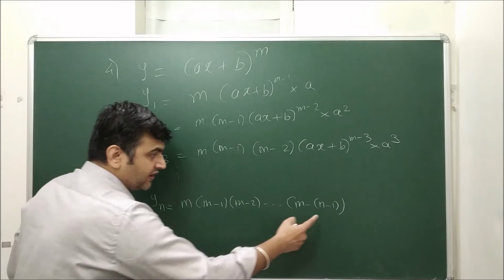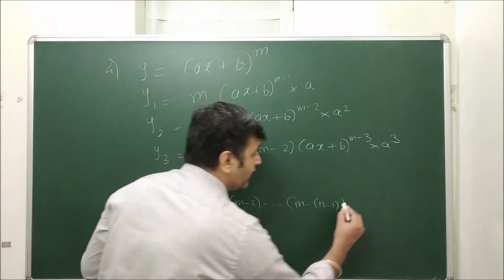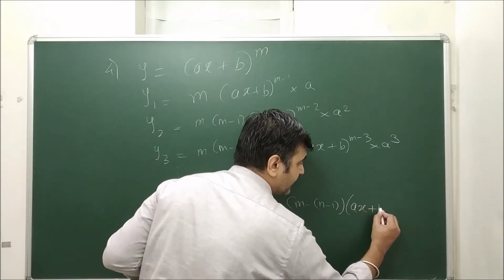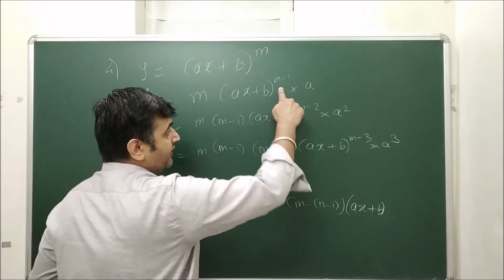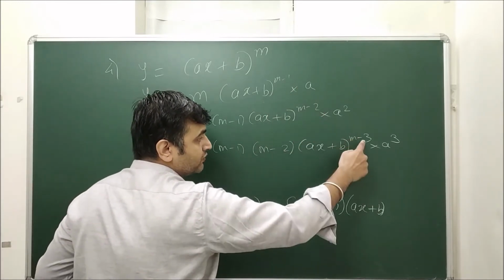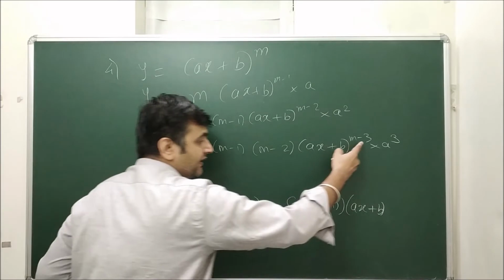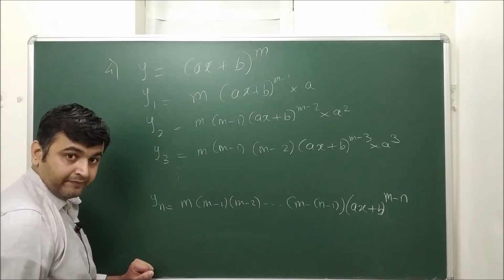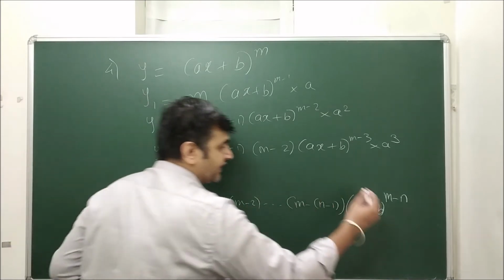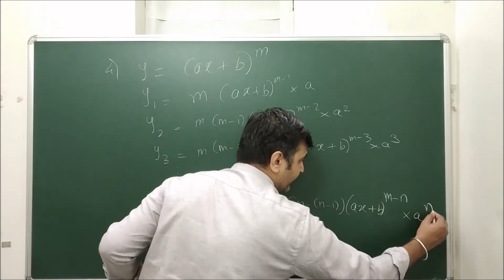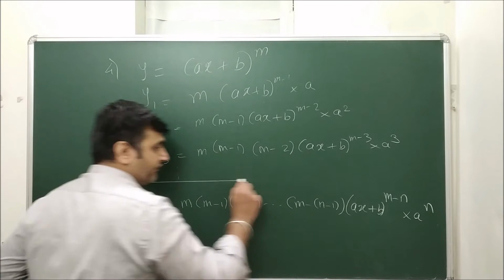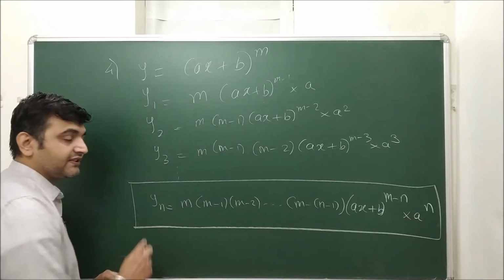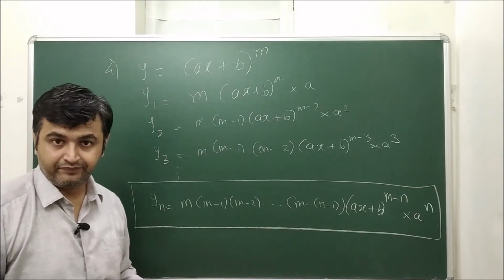So for n it will be till n minus 1. Into ax plus b raised to m minus n, since for y3 it was m minus 3, and into a raised to n, since for y3 it was a cube. So this is the formula for the successive differentiation for this function.